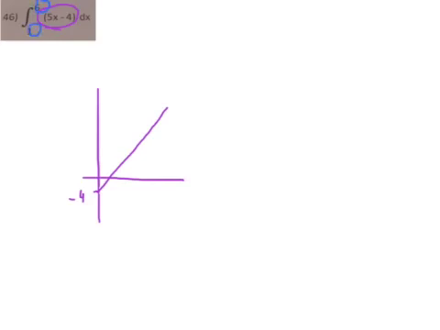If I plug in a 1 here, I get 1. If I plug in 6, we get 26. So let's pretend this over here is 6. That makes this up here 26.